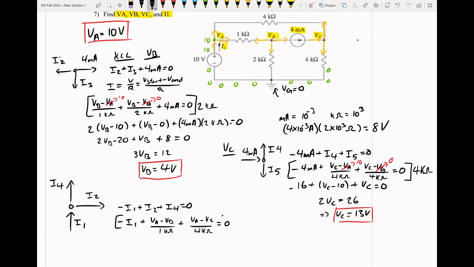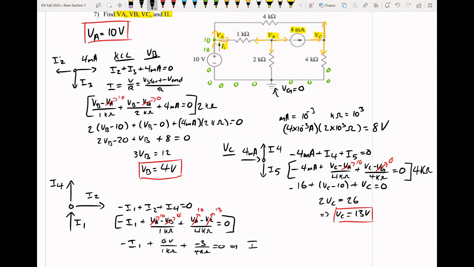All right, and I know all the values for all the voltages. V of C we said was 13. V of A we said was 10. V of B we said was 4. And V of A was also 10. So we'll get negative I1 plus 6 volts over 1 kiloohm plus negative 3 over 4 kiloohms is equal to 0.